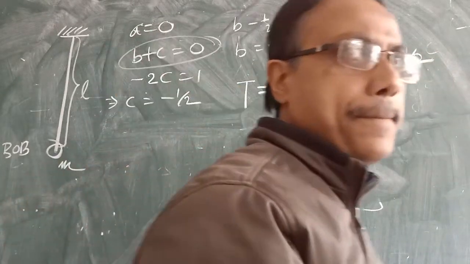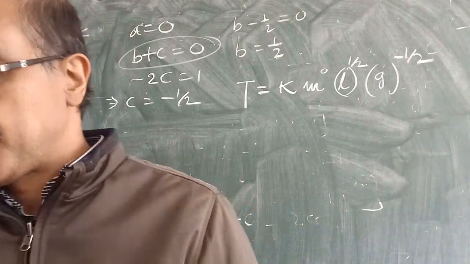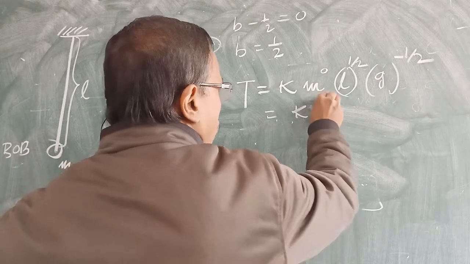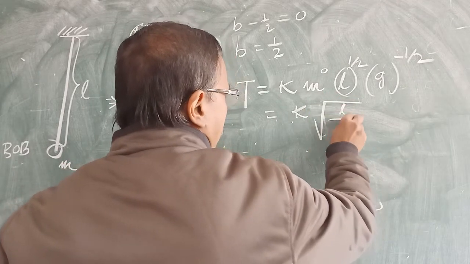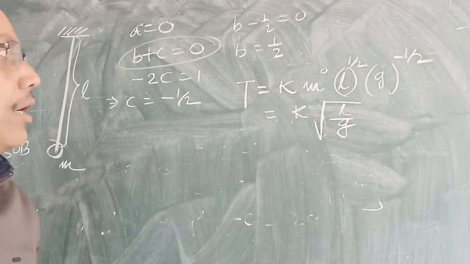This is what you get after putting back the values of a, b and c. Now if you simplify further, you get this as just K times root over L upon g, because root means to the power half, and m to the power 0 becomes 1.